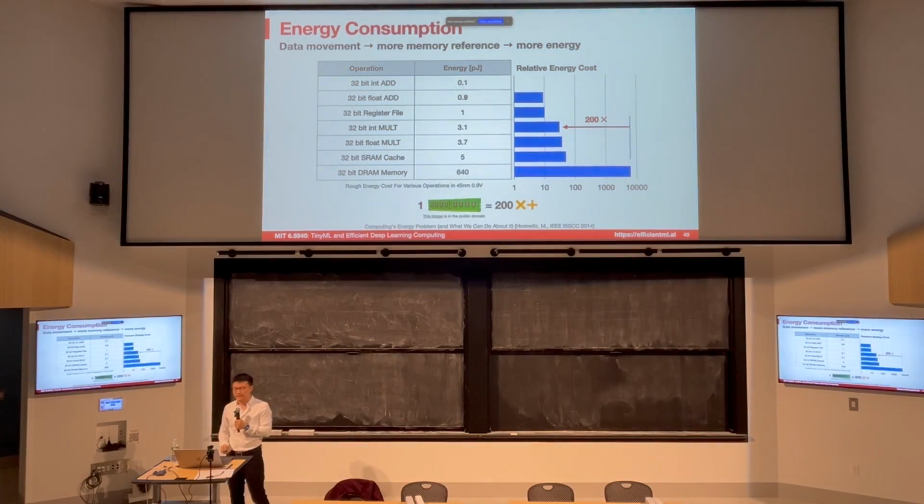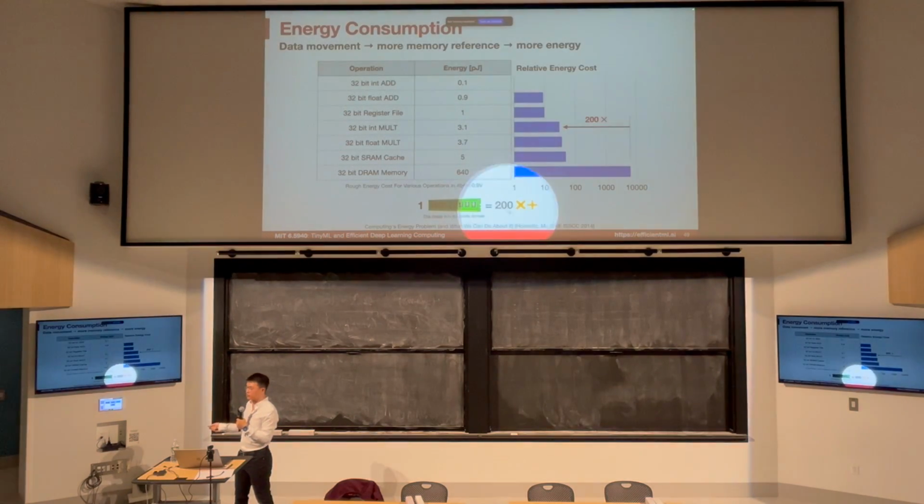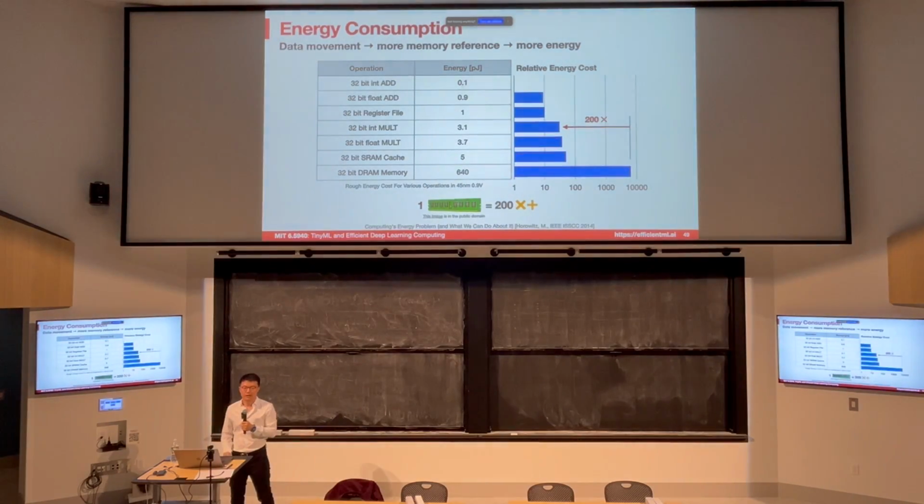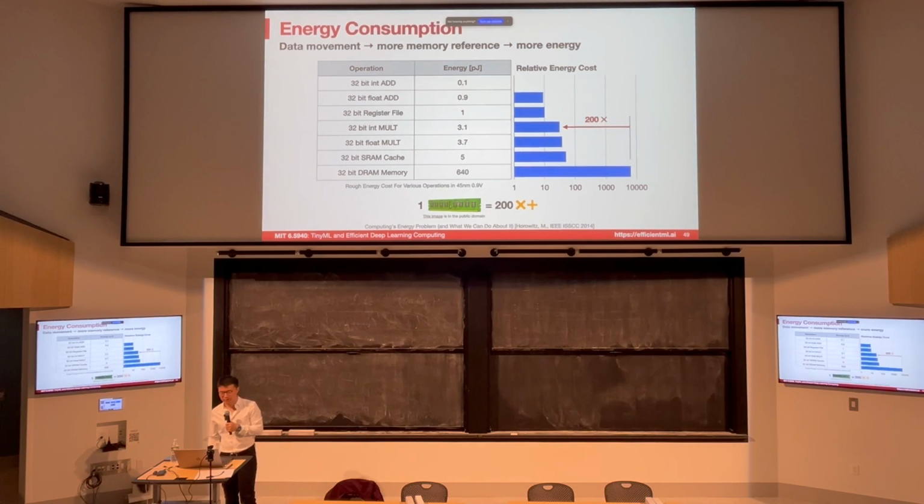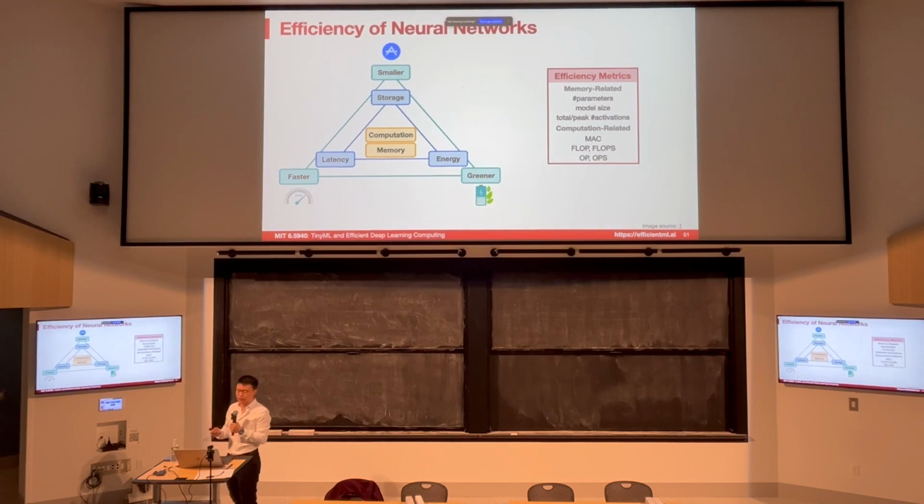So accessing the memory is a lot more expensive than doing the arithmetic. Orders of magnitude more energy is consumed by accessing the memory. So keep in mind, computation is cheap. Memory data movement is expensive. It is the data movement that is truly the battery drain.